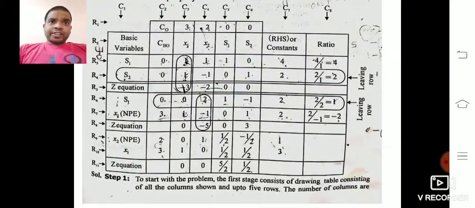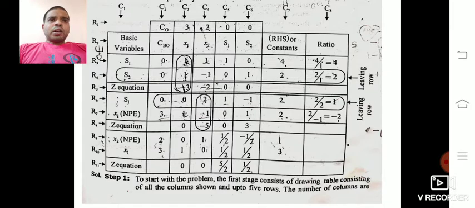Now R6 we can write x1 NPE, new pivot equation. For x1, the coefficient in the objective function is 3. Now we use the formula, old equation element divided by key element. The old equation element here is 1.